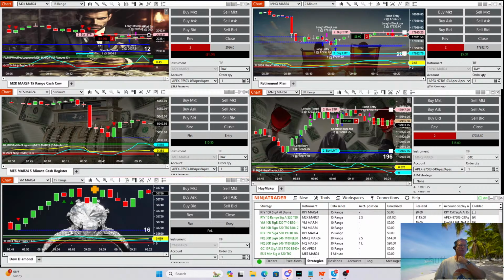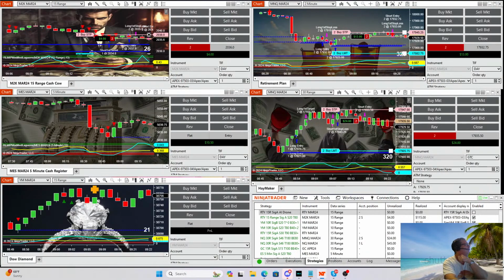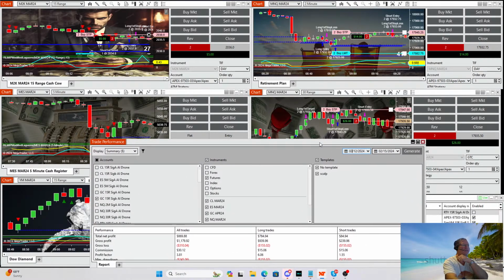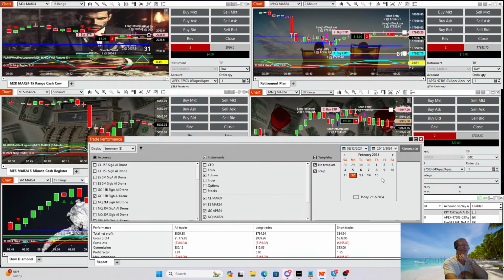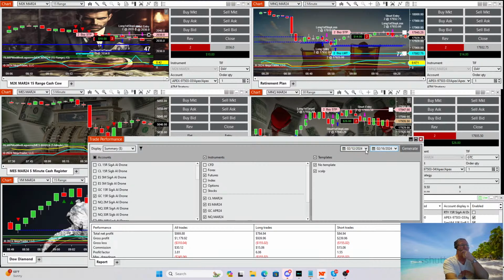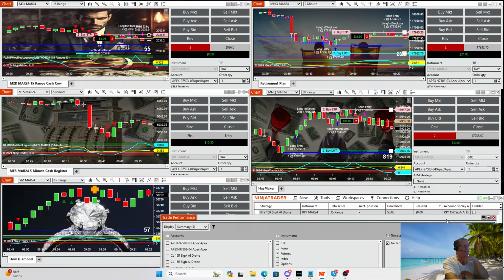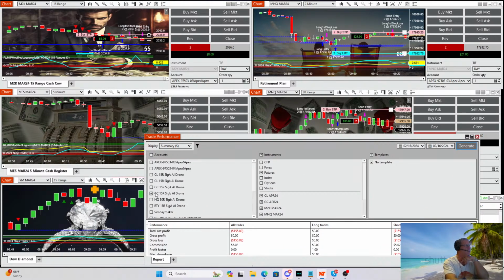Because in the performance, we can also look at what time of the day each one of these strategies did the best. What I mean by that, if I go to today on my performance, and we look at that one strategy here that I turned off, the AI drone, RTY.